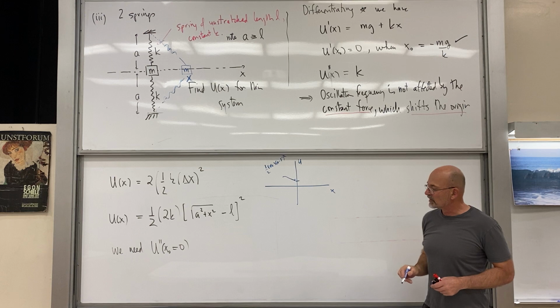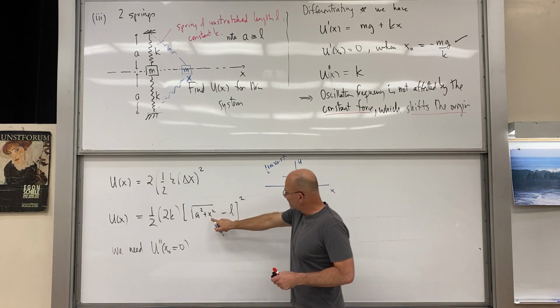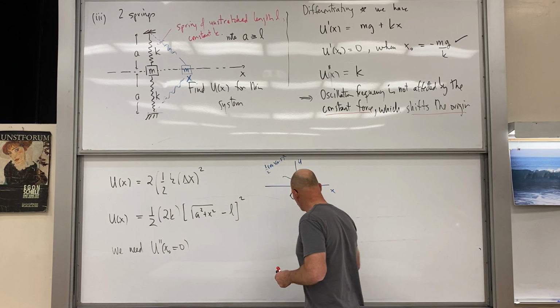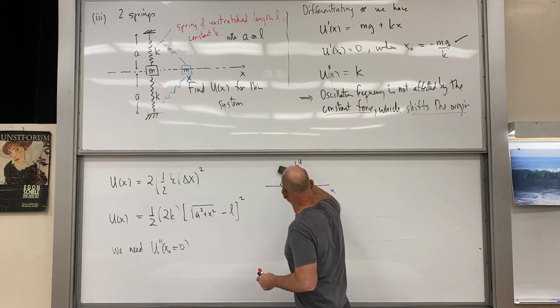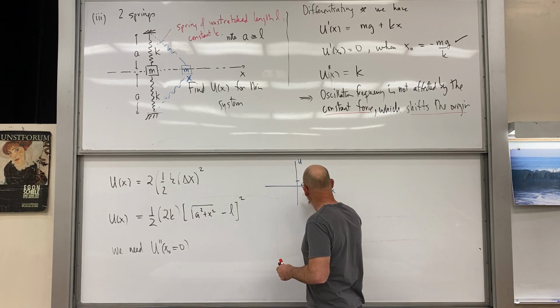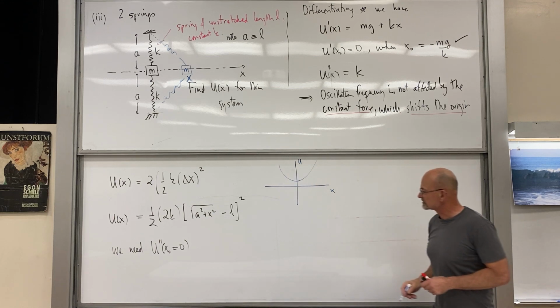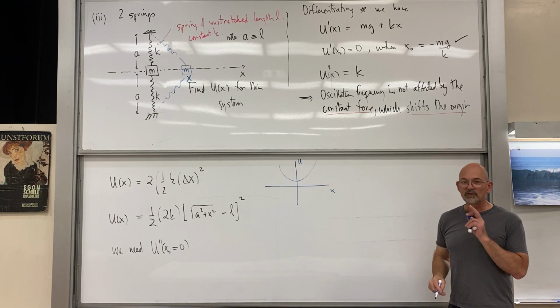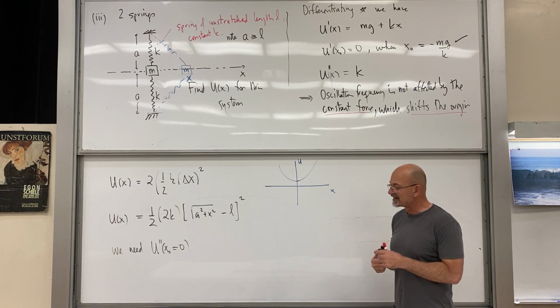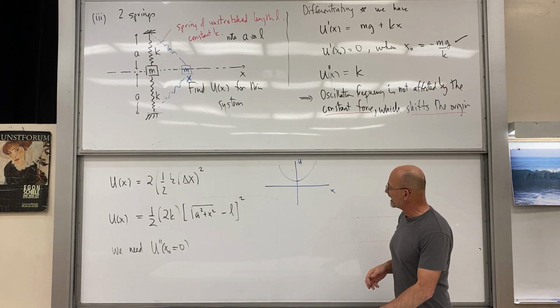Point is, it's non-zero, and this is a symmetric function with a local minimum. Here, I'm just going to point it out. It's a symmetric function with a local minimum. Now, there's an interesting property to this that you guys can discover mathematically.